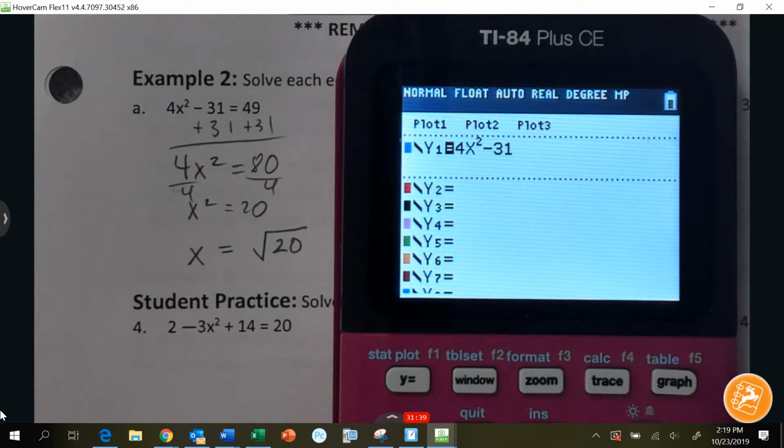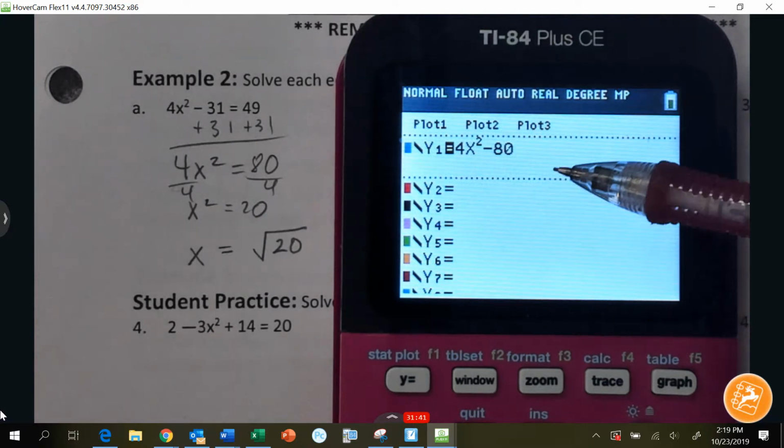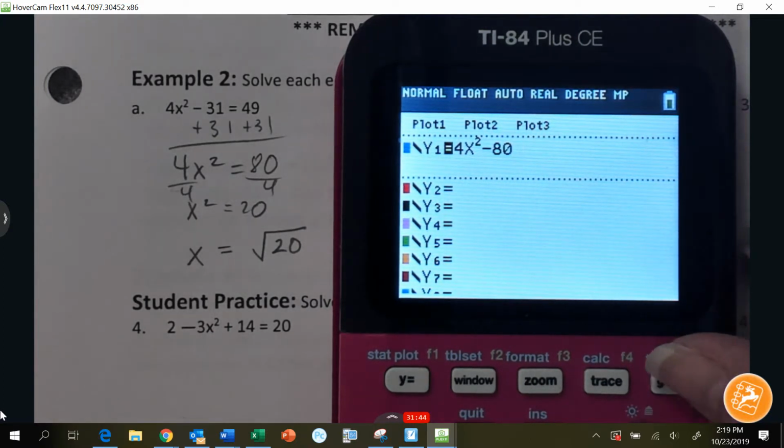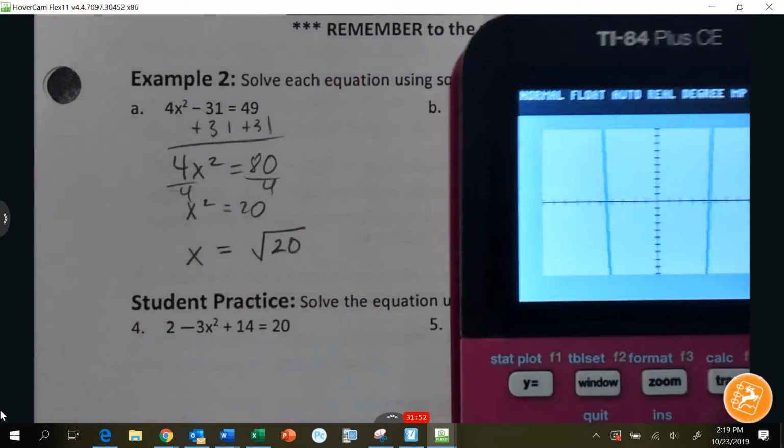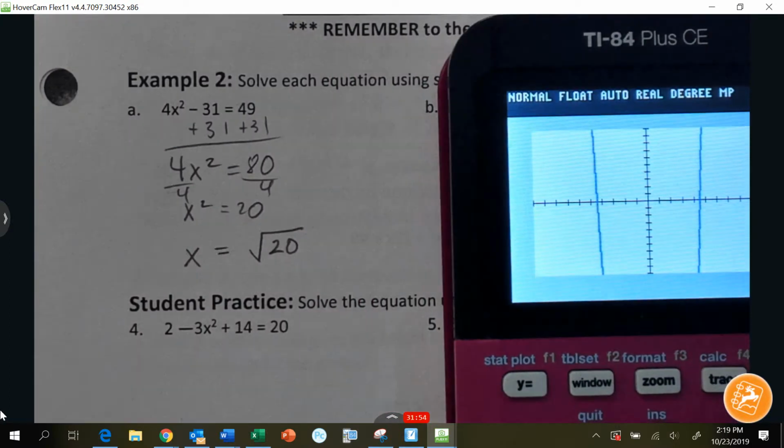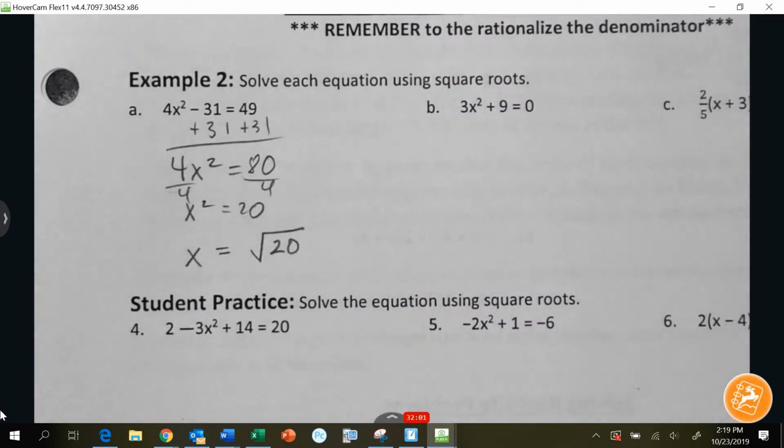I'm just going to show you, if we had done this one by graphing instead, how many x-intercepts do you see? 2. But if you square root, it looks like we get 1. Because there's this rule that was not ingrained in your memory by previous teachers that I'm torturing my geometry students with every week.